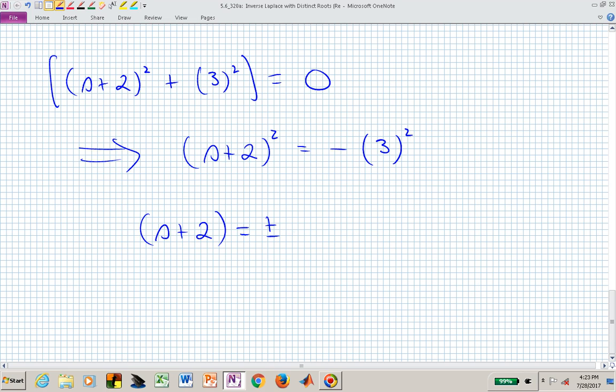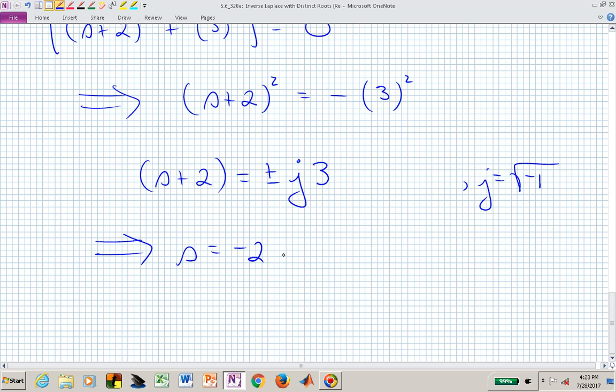but now we have the square root of minus 1, which in electrical engineering we like to use j and not i. So here we're using j equaling the square root of minus 1, and we can take the square root of 3 squared, which gives us 3. Or we can now solve this for s, and we see that s is equal to minus 2 plus and minus j3.